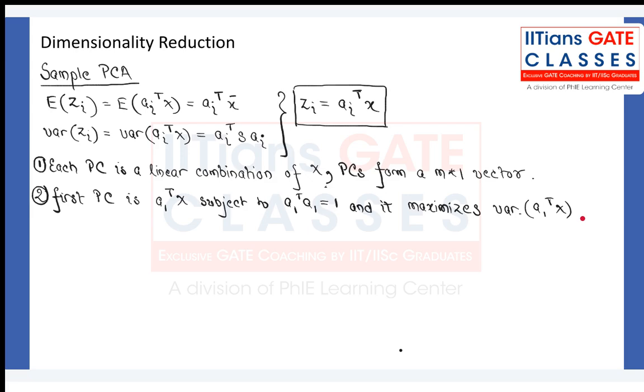A1 is the component with the highest variance, then A2, then A3, then A4, and so on and so forth.